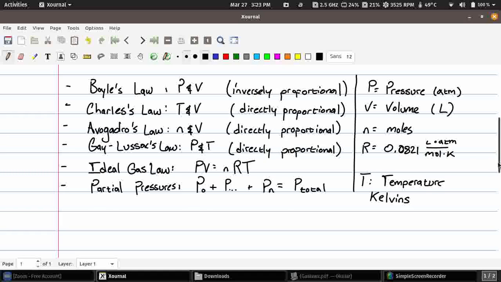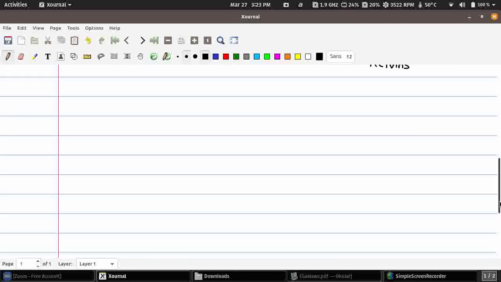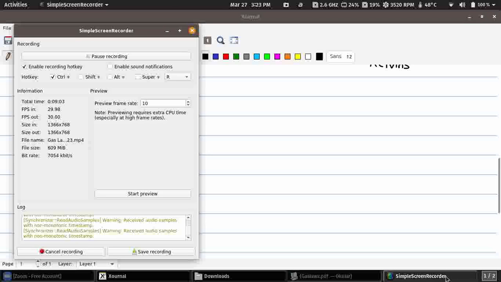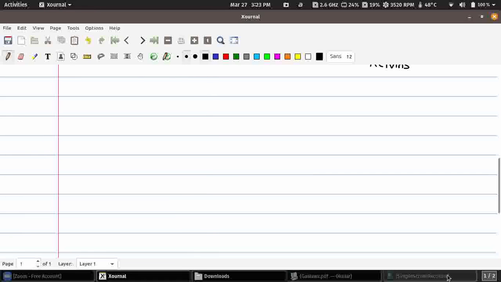Okay, so let's go through and write down these gas laws. Let me see what I'm doing on time. Okay, not bad. All right, so Boyle's law.